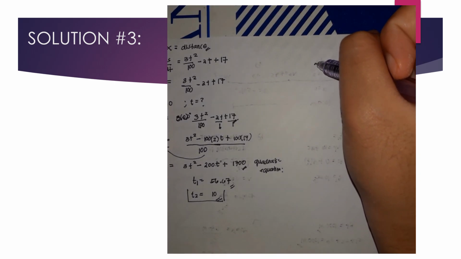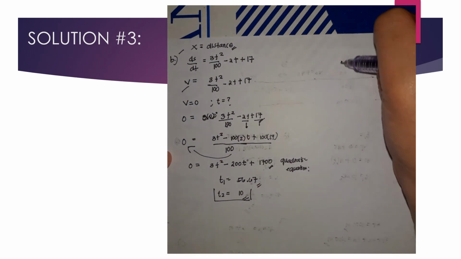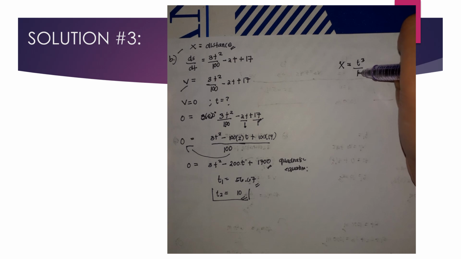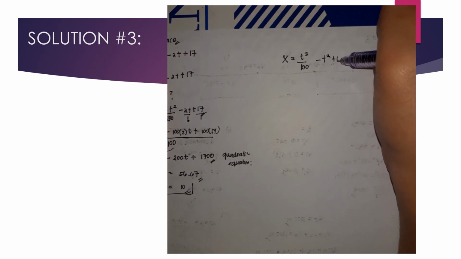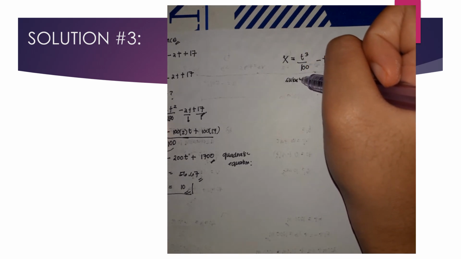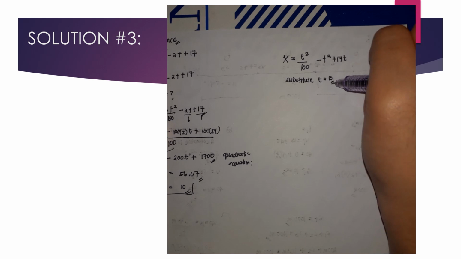And going back to our original equation of distance, x equals t cubed over 100 minus t squared plus 17t. Then substitute our value, t is equals to 10.